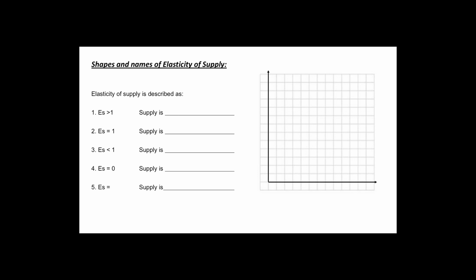So let's put in the summary of it. Let's have all elasticities into discussion now. If your PES is greater than 1, it is price elastic. If it's equal to 1, it is unitary.